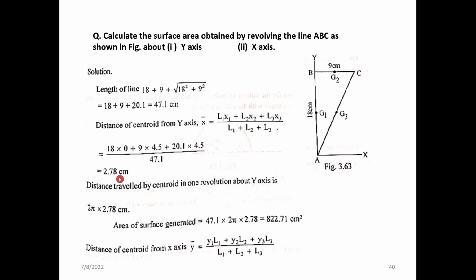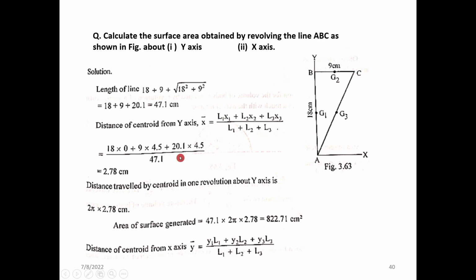Actually, there is a difference from the previous problems you did. We are considering here only a single line, not an area. So the equations like h by 3, b by 3, which you directly obtain for a planar area, cannot be applied here. You should treat the individual components as line elements, right? So AB is a single line, BC is a single line, and CA is a single line.